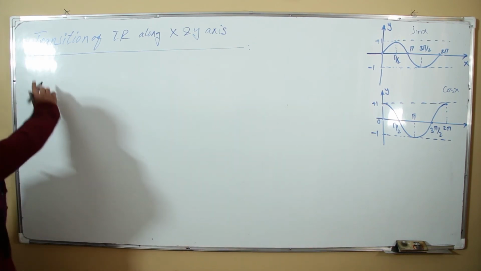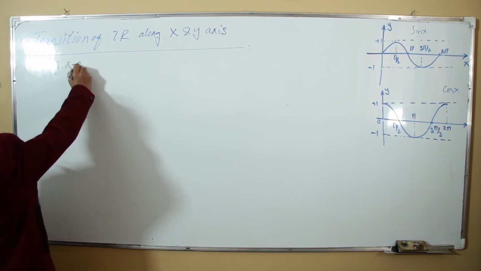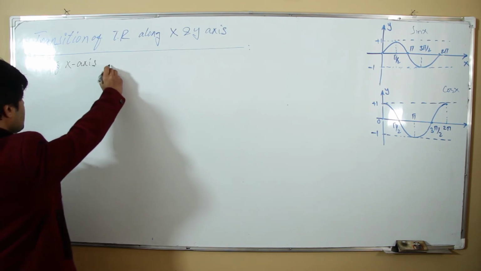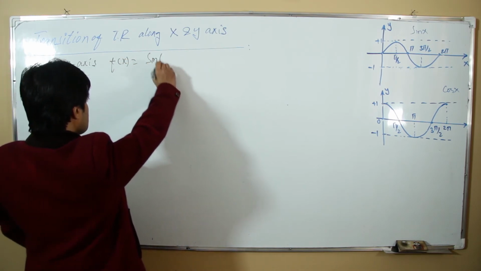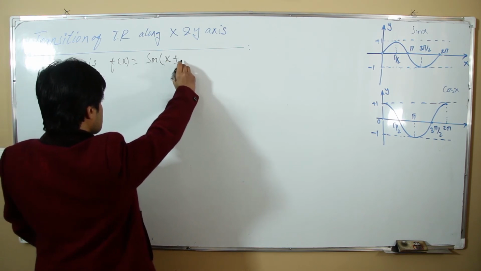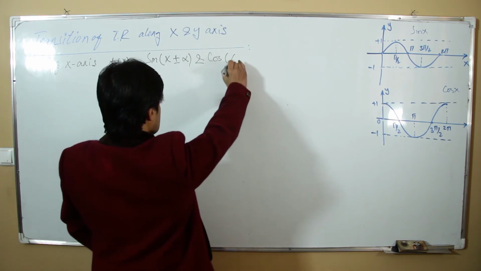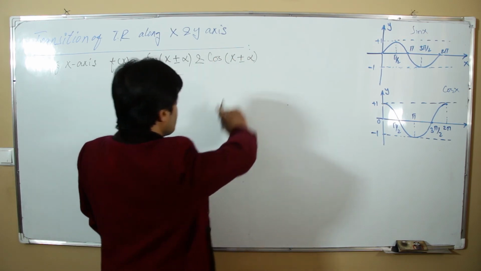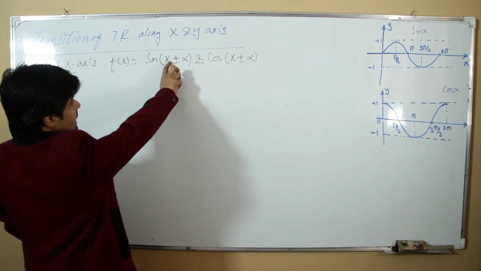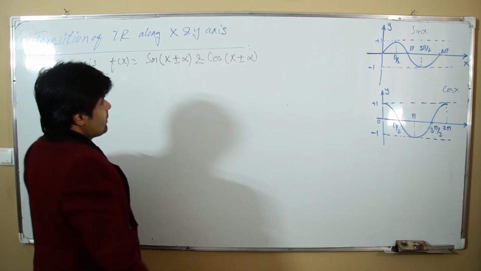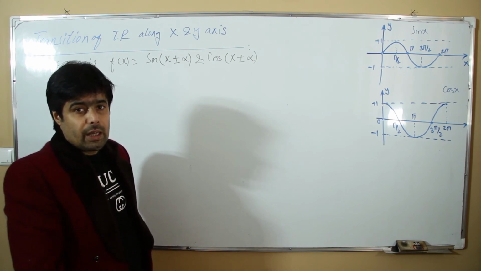Whenever you are talking about along the x-axis, the formula is f(x) = sine of (x plus or minus alpha), and maybe cosine of (x plus or minus alpha). If we have an alpha which is added to or subtracted from x, this is called a translation of the graph of sine along the x-axis.